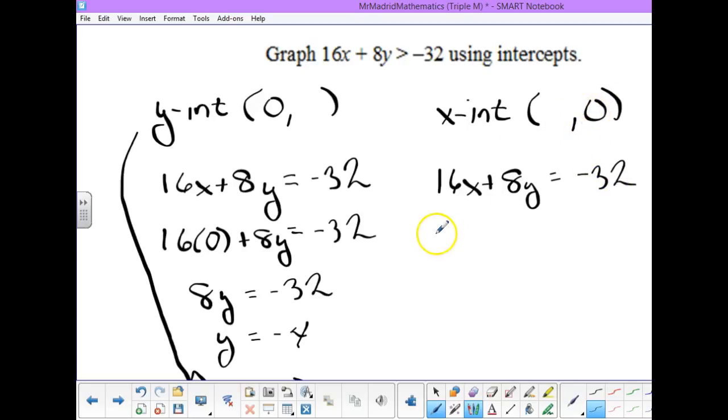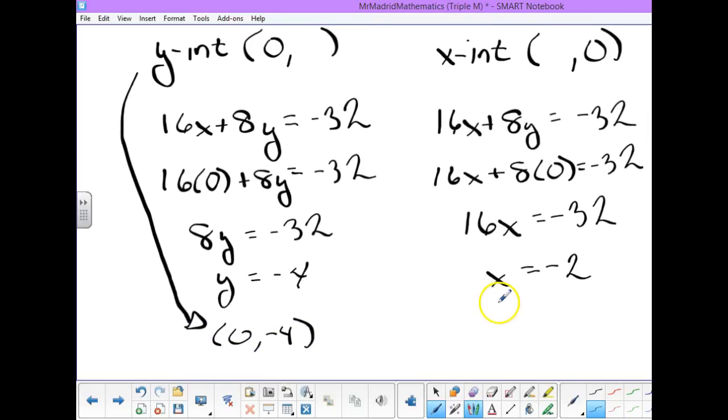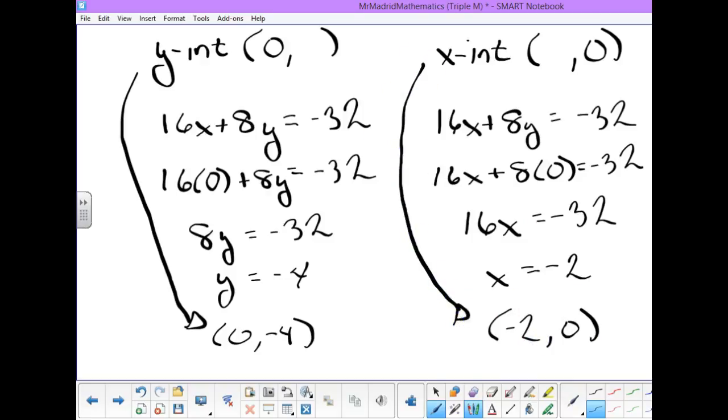Here I know that y is 0, so I'll plug that in. 8 times 0 equals negative 32. That disappears. 16x equals negative 32. X is, by dividing 16 to both sides, negative 2. And if I'm skipping steps and it doesn't make sense, just go ahead and ask questions tomorrow. So I'm going to go and list it here, my x-intercept. 0 is y, negative 2 is x, and I have my x-intercept.